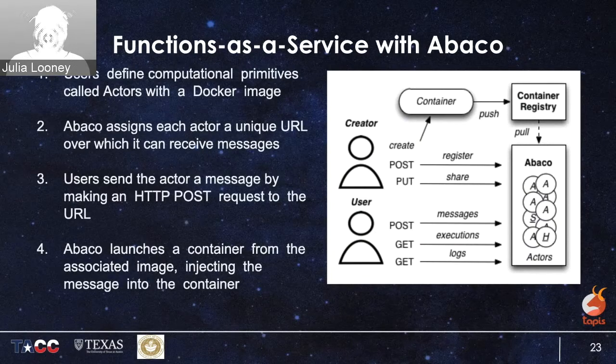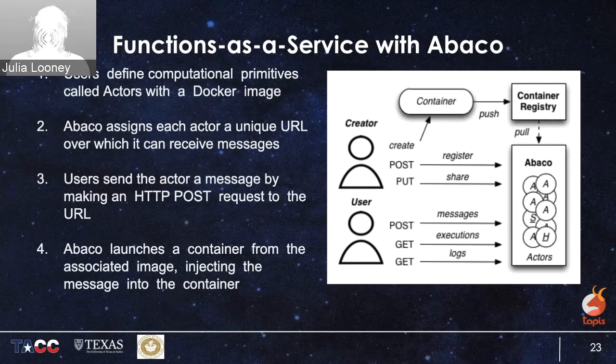So the way that this works is users will define a function that they want to run in a Docker image. And then using the Abaco API, they can submit that, and it gets created. That user gets an actor, and the actor will assign a unique URL over which it can receive messages.